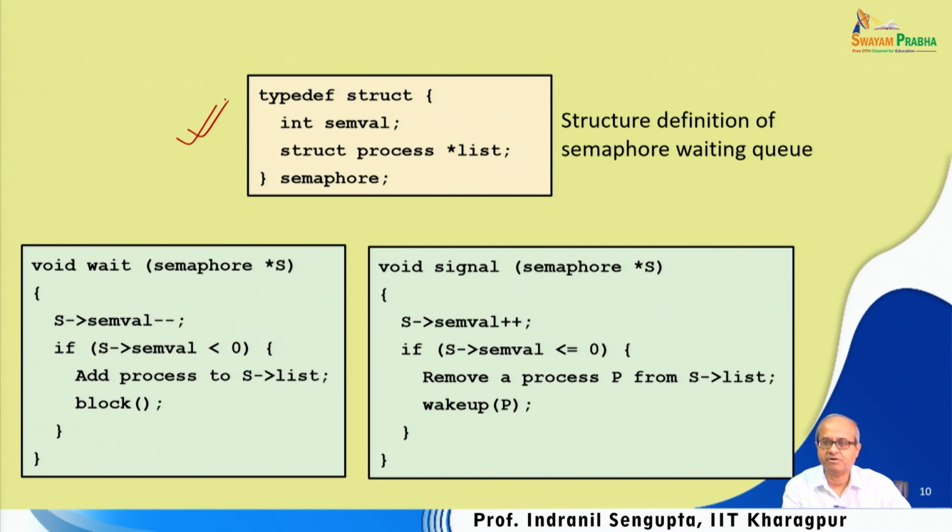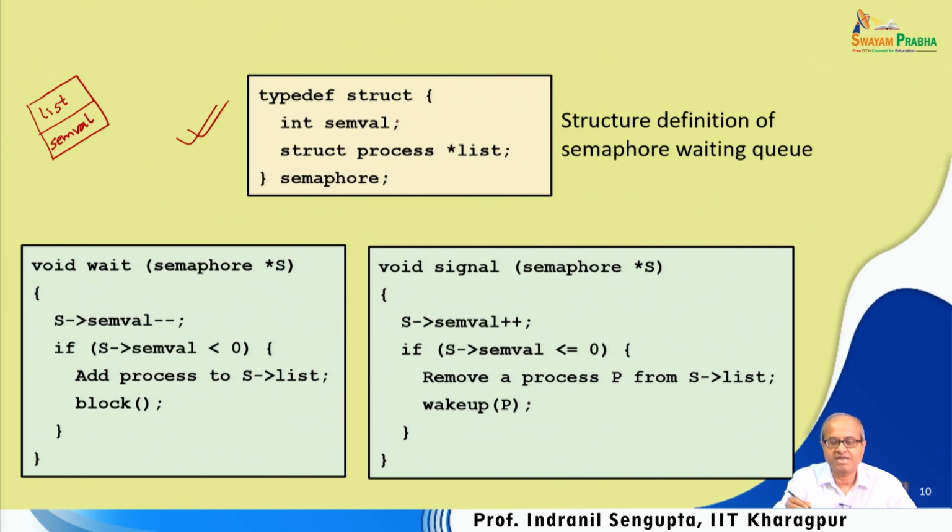So, what I said, what was the structure definition? It consisted of two parts. One was a pointer, other was the value of the semaphore. So, the pointer definition we are calling as list and the semaphore value we are calling as semval.